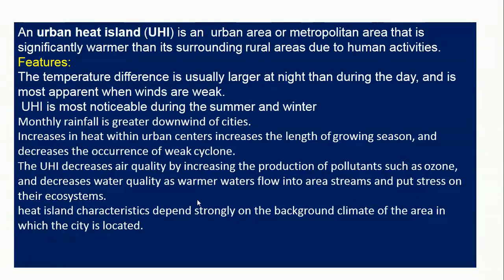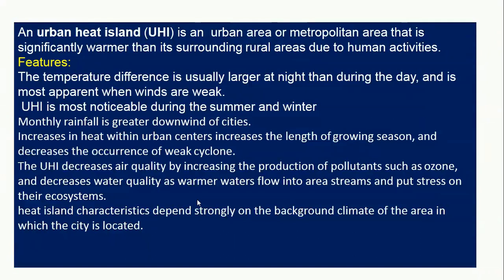So heat island characteristics depend strongly on the background climate of the area in which the city is located. A city located in the temperate region and a city located in the tropical region, or a city very near a forest, or a city very near the ocean, or a city located in the central part away from the ocean or away from the forest.